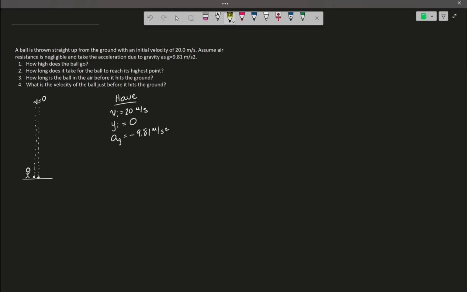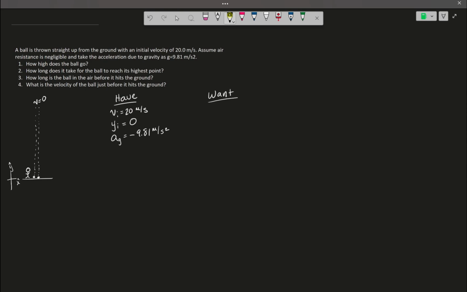It's negative because acceleration due to gravity is going in the negative direction. My velocity is positive because this ball is going upwards in the positive direction whenever it's released. And we can assume that we have just a normal coordinate system here. And that's all the information that I am given.